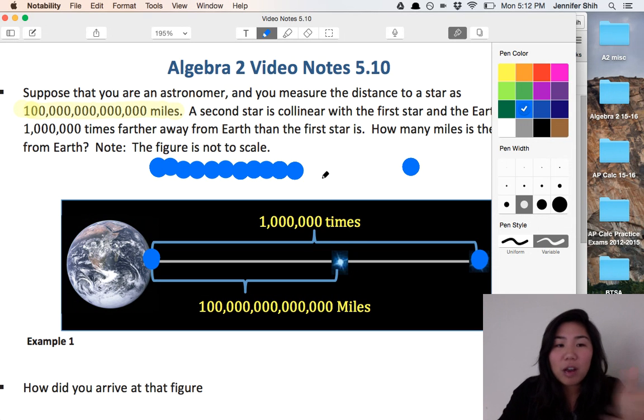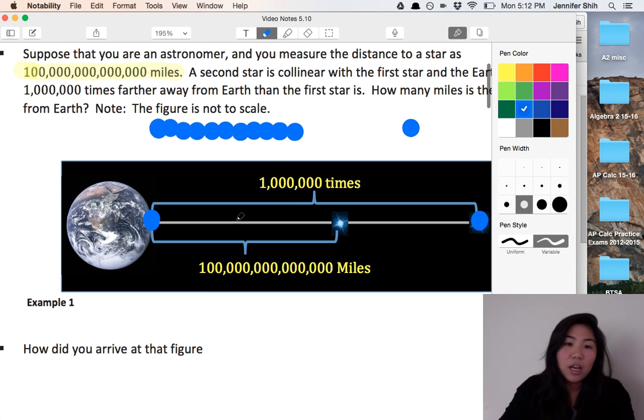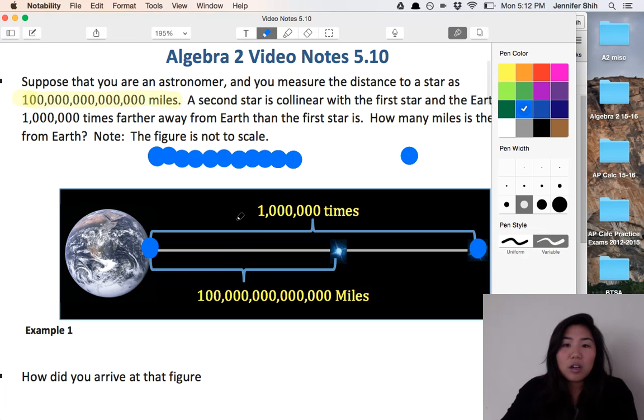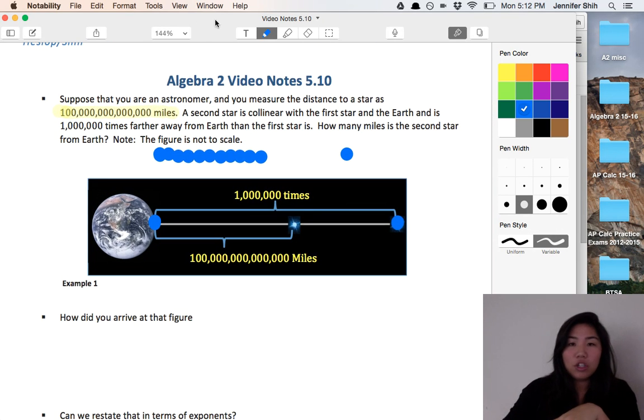So let's figure out another way we can interpret these numbers without having to lose our brain with all these zeros. A second star is collinear with the first star. The question is, how many miles is the second star from Earth?